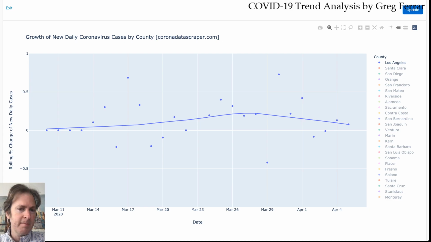And if that ever happens, I might also try to figure out a way to let you flip some big switch here and say which state we're looking at, so you can look at counties. And maybe we could even do the same for states, regions within countries. Corona Data Scraper does have data for all counties of the United States. And so I could rather easily make a single other spreadsheet for, say, Texas, but I can't make 50 easily.